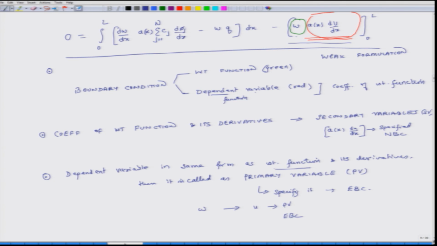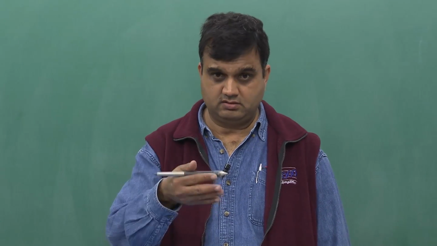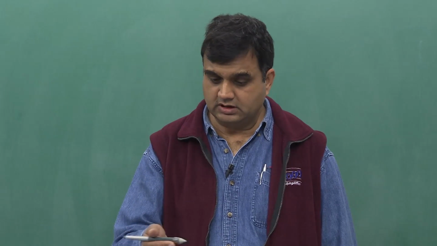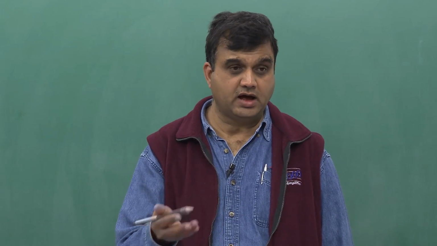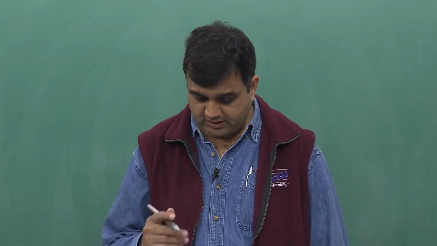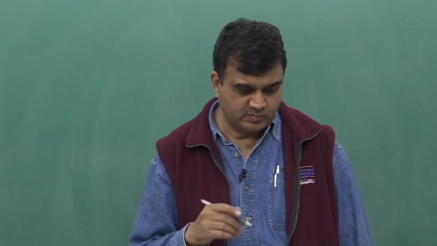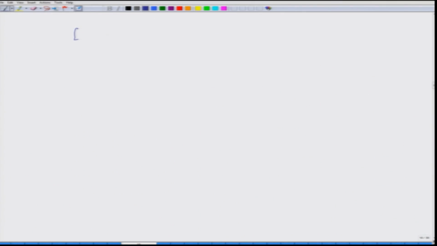In case of a beam, so this is the equation for a bar, right? This equation represents a bar or rope in tension or an electrostatic problem and all that. But suppose there was a beam, it will be a fourth order differential equation, and there when we integrate it two times, we will get these things.